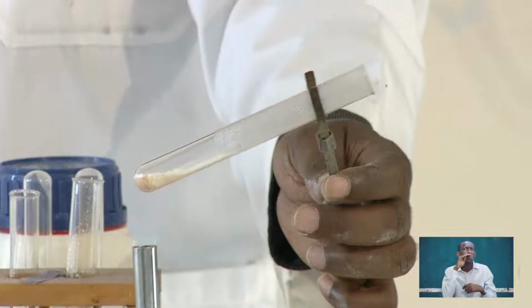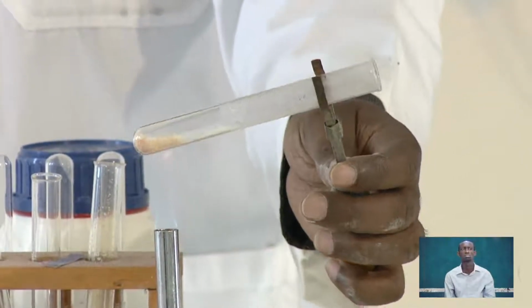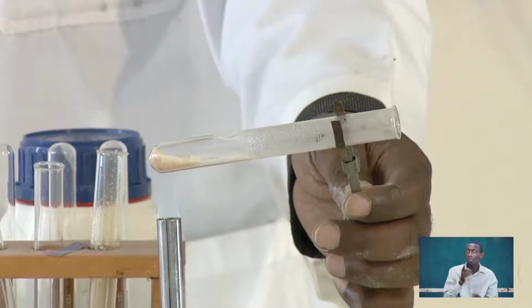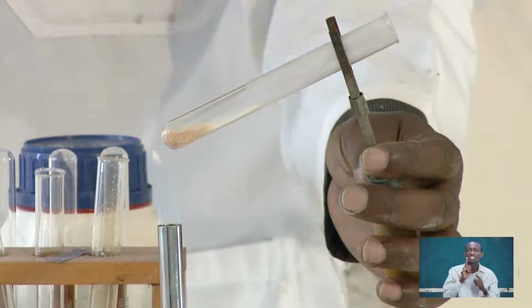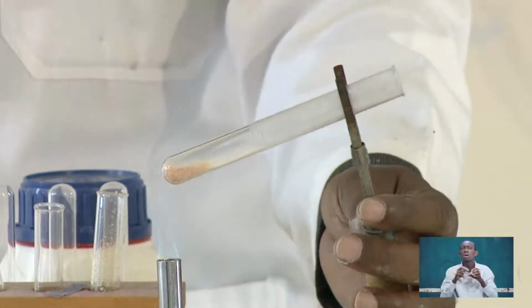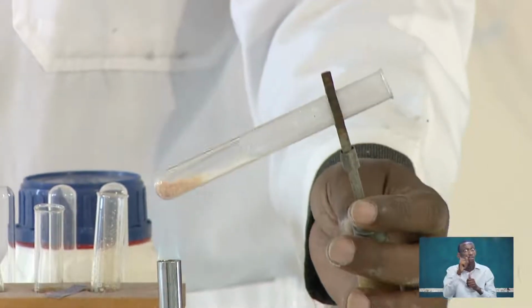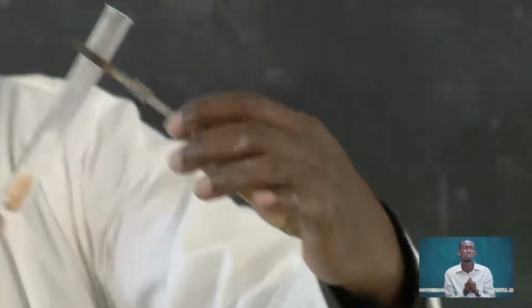See what is happening there? It is coming to brown. There must be a gas coming out, because lead carbonate behaves in the same way. It is changing to brown.